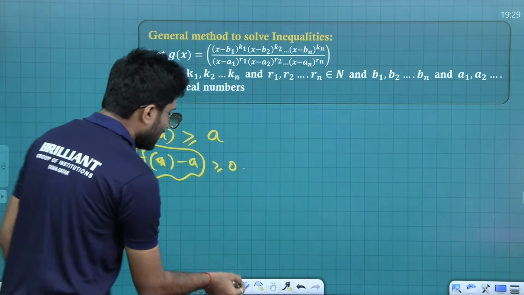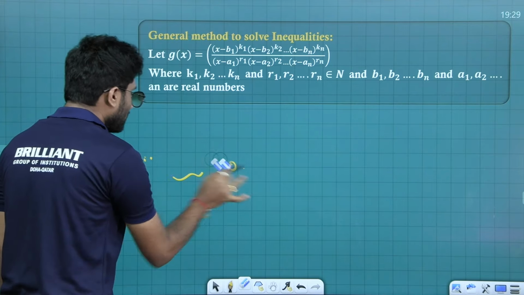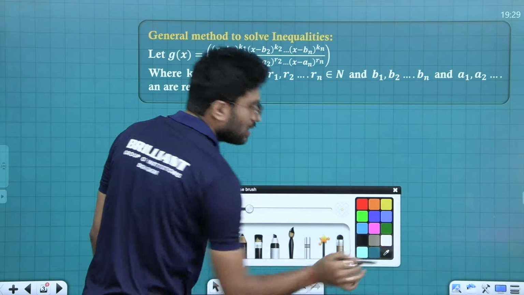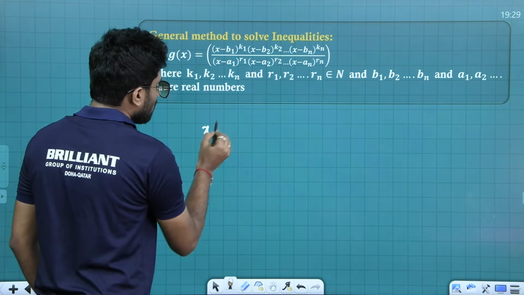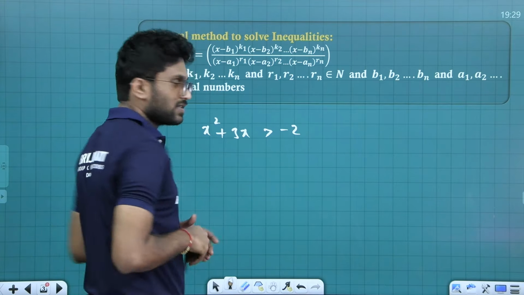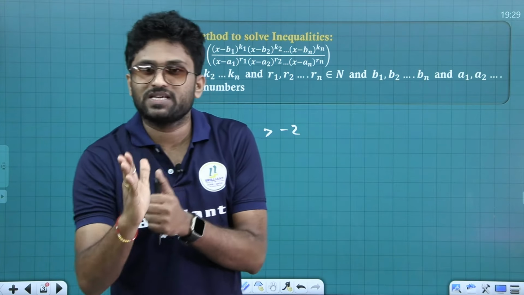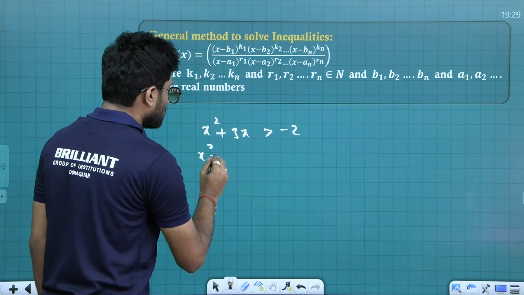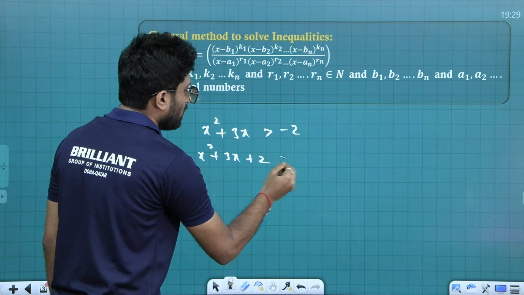Factorize everything. Whatever expression they give in the beginning, suppose I say x square plus 3x greater than minus 2. First get it to the left hand side. So x square plus 3x plus 2 should be greater than 0.